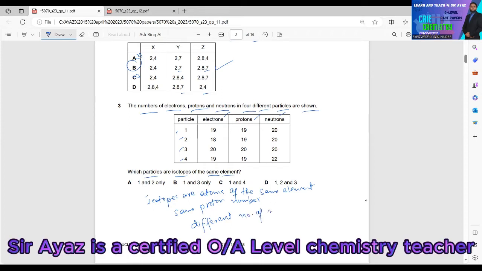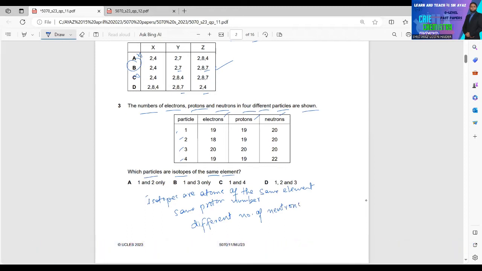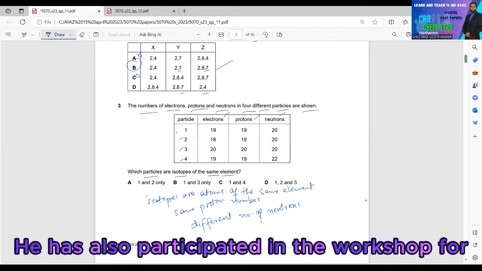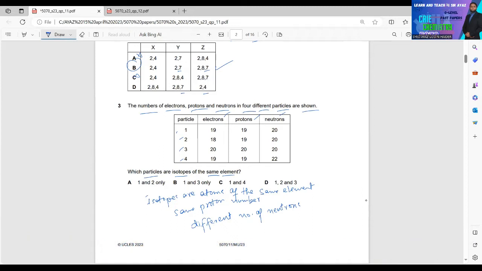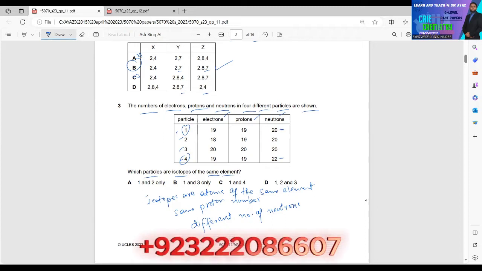I'm writing number of neutrons because this will give you a clear idea about the concept behind isotopes. So look at the particles which have the same number of protons and electrons. Remember, the electrons should be the same also. If you look at this clearly, particles 1 and 4 have the same number of electrons and protons, but their neutrons are different. So 1 and 4. C should be the right answer for this one.